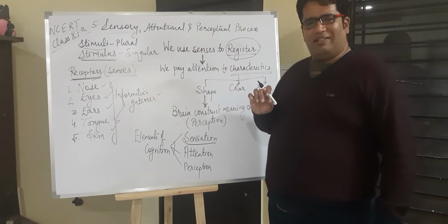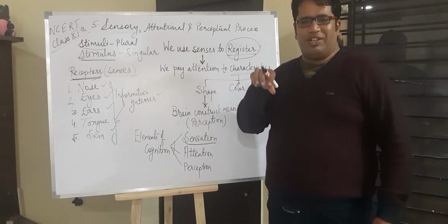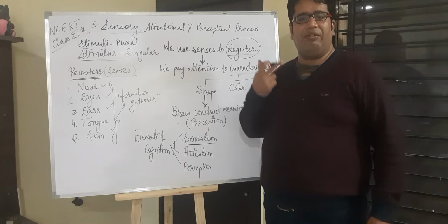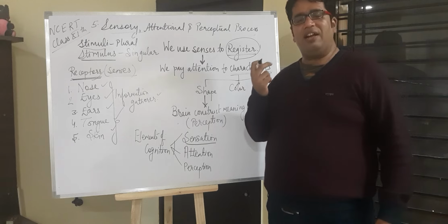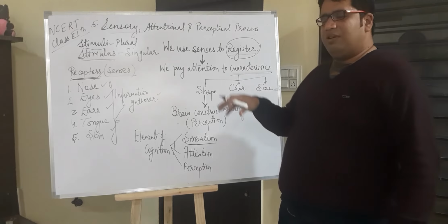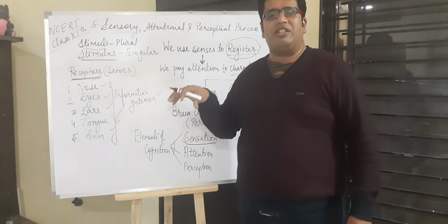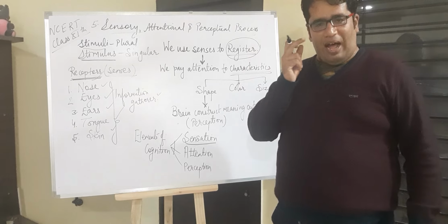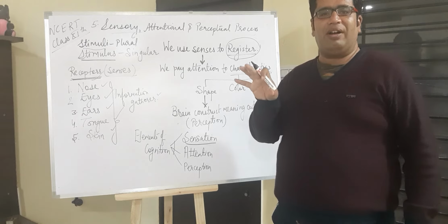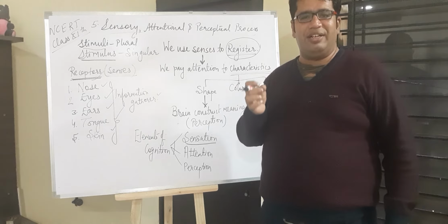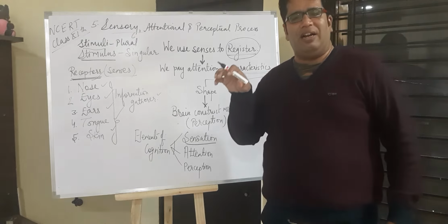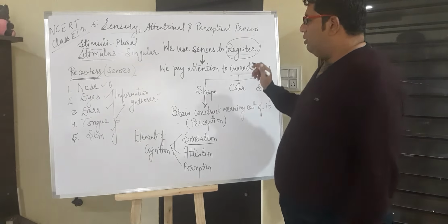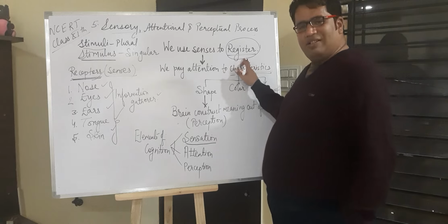As I told you in one example, you are all watching this video, so you are using your senses of eyes and ears. Watching the video is the stimulus, and for that stimulus you have registered your eyes and ears to watch and understand this video. So the first step is to register your senses.